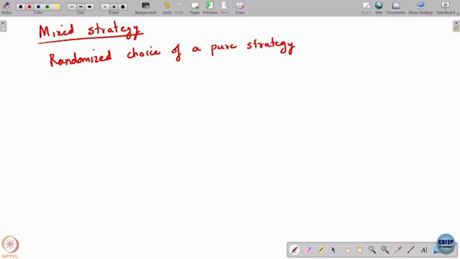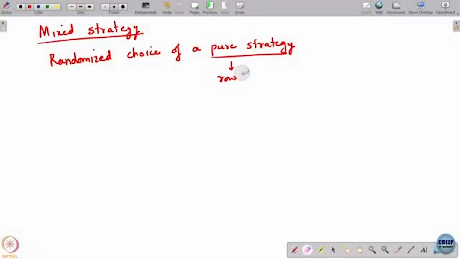What is a pure strategy? The strategies we were talking of so far, we will call pure strategies. Pure strategies are definite choices of rows or columns. Mixed strategies are randomized choices on top of pure strategies. These pure strategies are rows and columns, and a randomized choice of the same is what is called a mixed strategy.